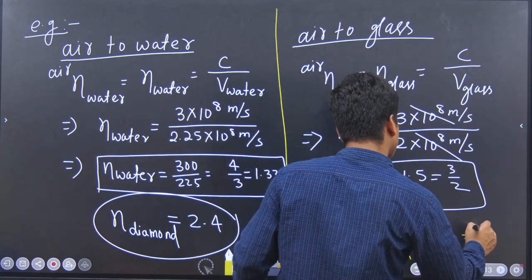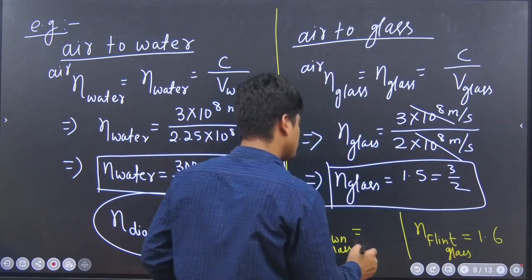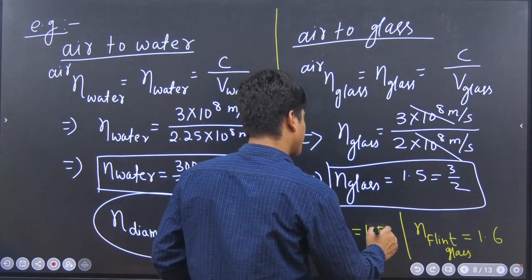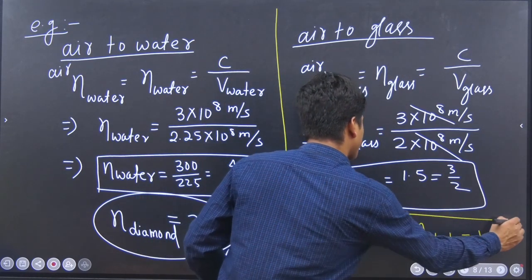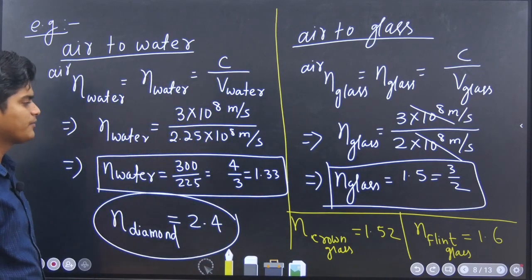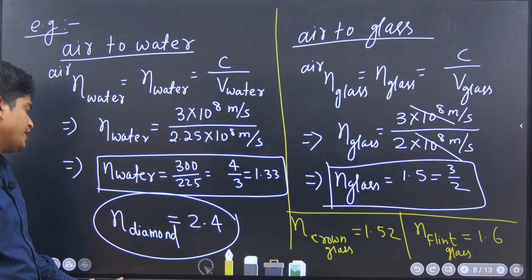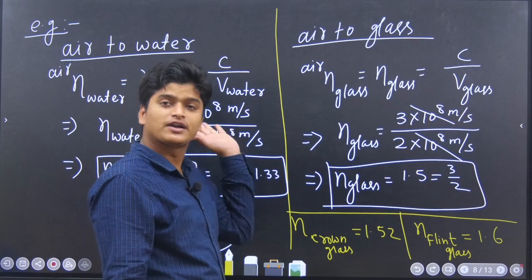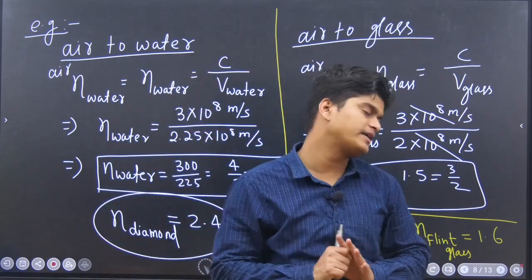Flint glass is around 1.6, and crown glass is around 1.52. So remember this, this is the refractive index of different media, and this you are telling with respect to air. So this is the absolute refractive index.